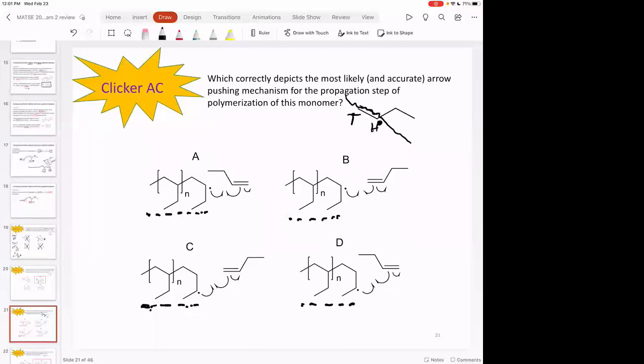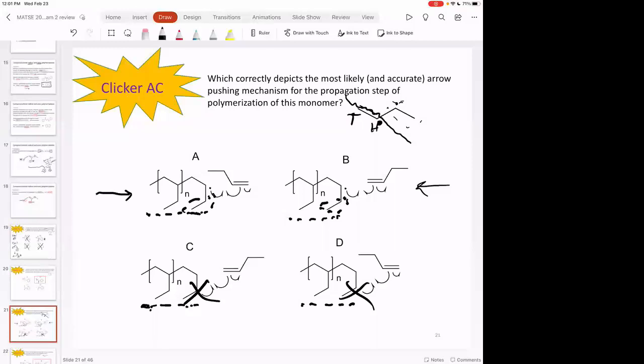We can put the growing chain end on that head carbon, and then we've just got this substituent hanging out there. So the right growing chain end is either A or B, right? Because I just have this substituent hanging out. I can't have the growing chain end down there. There's no way to put the radical down on this carbon down here.